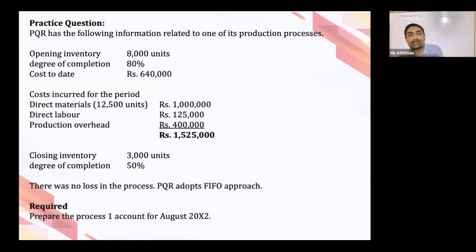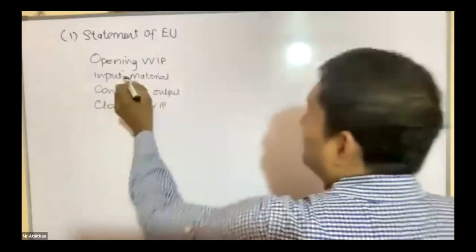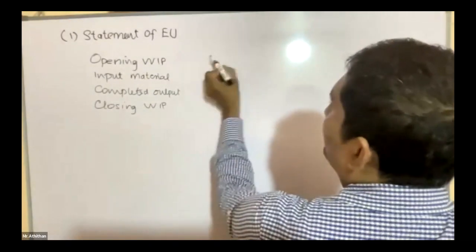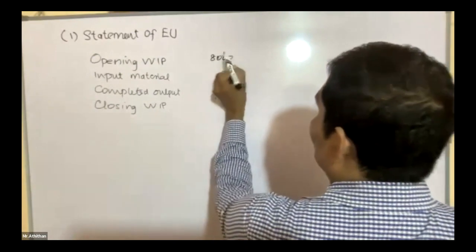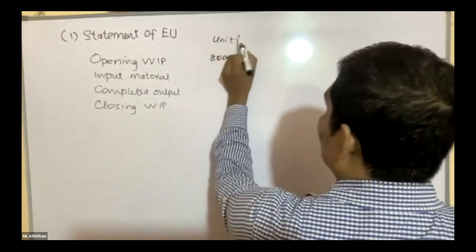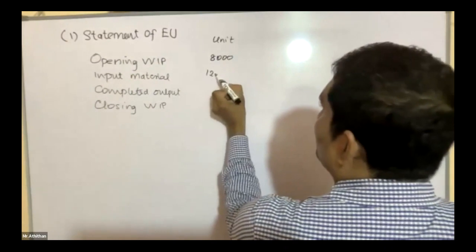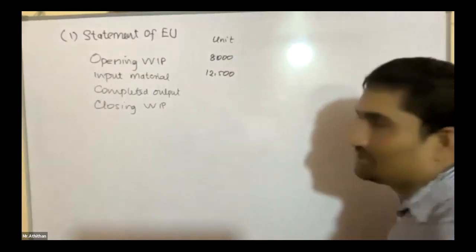So in units, opening inventory is 8,000 units. Okay, fine. Direct material is 12,500 units. Right? Units. 8,000 units. 12,500 units.